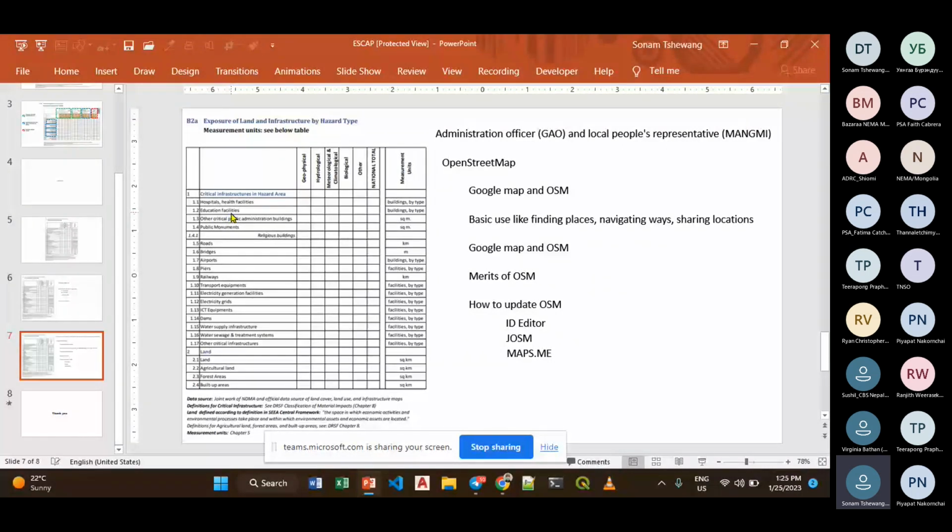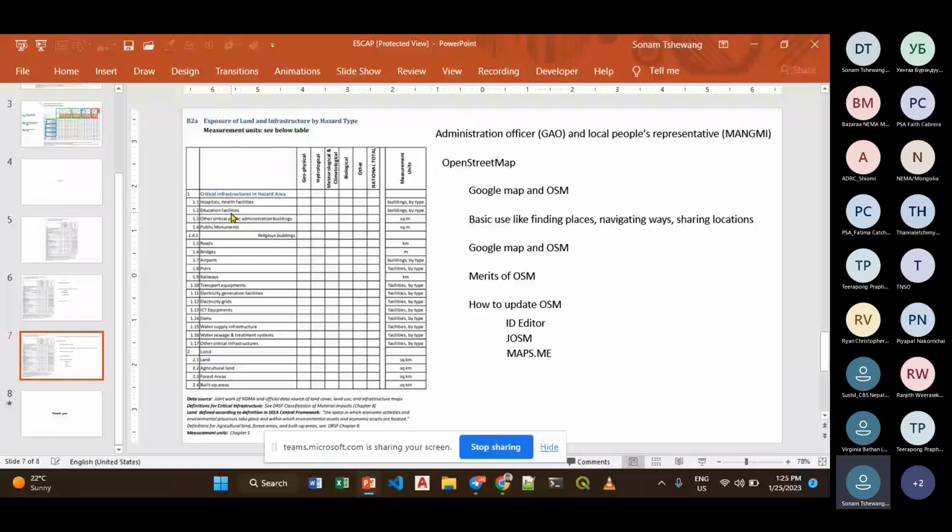So whenever we get time or some fund, we are trying to train the local representative and the government's administrative officer. We are taking them as a team because local representatives have fair knowledge of the locality, and usually administration officers have handling capability.